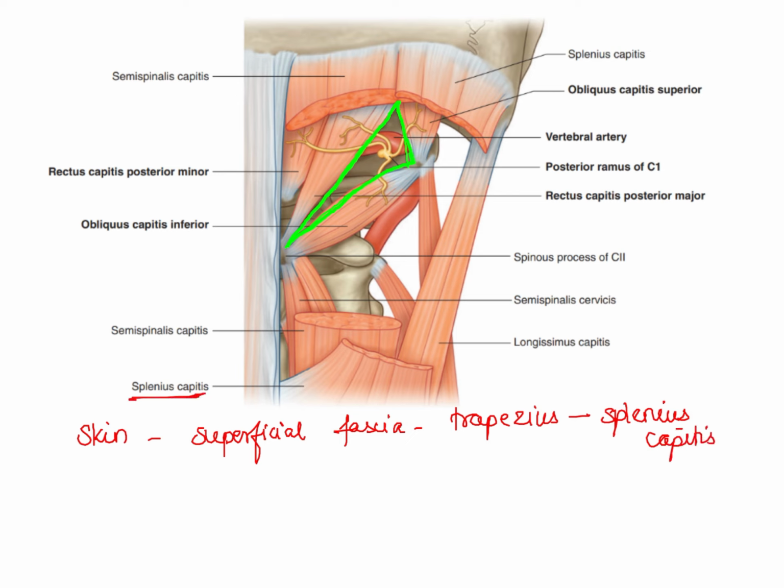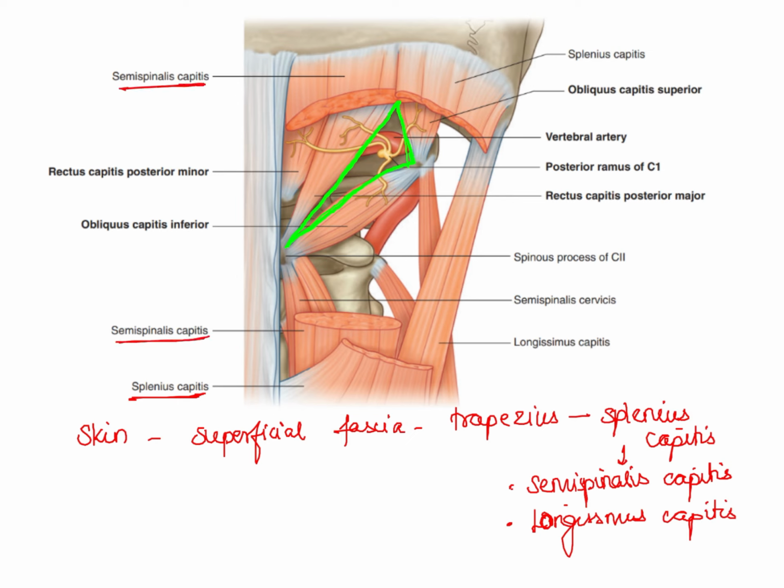On reflecting that, we have semispinalis capitis on the medial aspect, and longissimus capitis on the lateral aspect. These 2 muscles are also demonstrated here. On reflecting these 2 muscles, we enter into the suboccipital muscles. The 4 suboccipital muscles enclosing the suboccipital triangle are present deep to these layers.